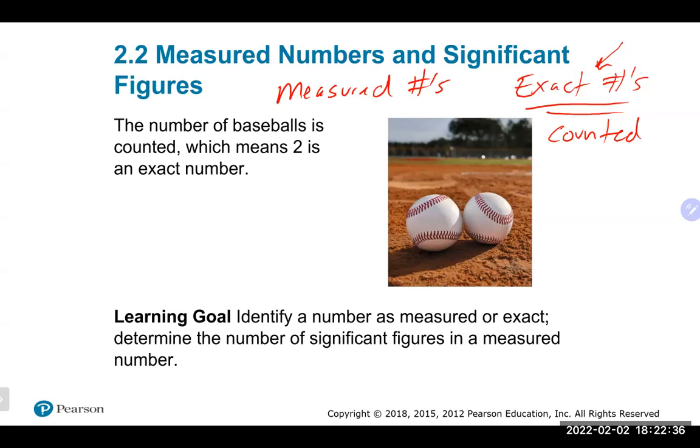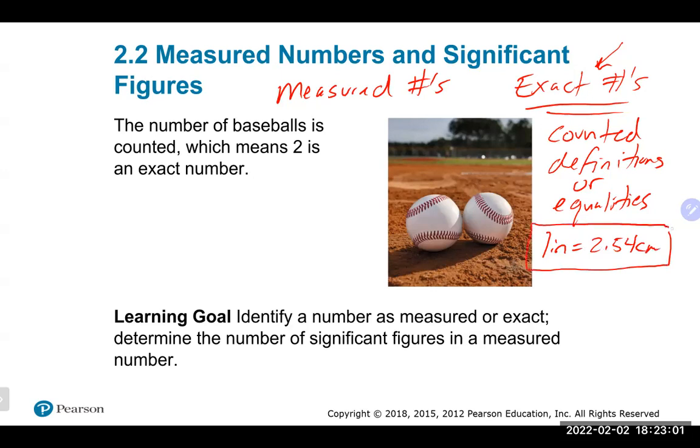The other, more common way that we come across exact numbers in chemistry is through what are sometimes referred to as definitions, which are really equalities. For example, 1 inch is exactly 2.54 centimeters.